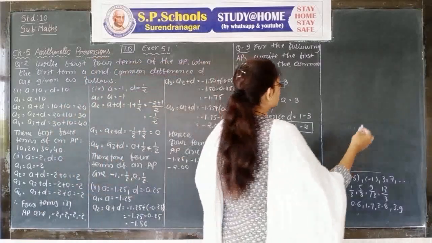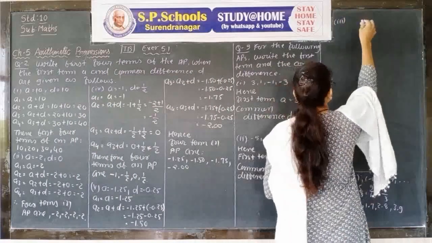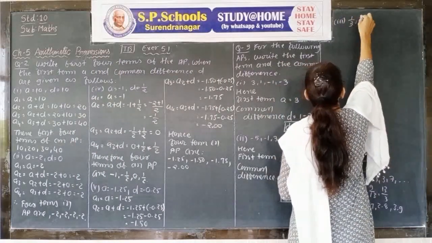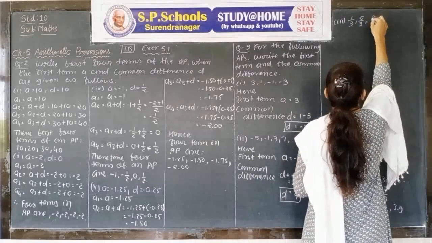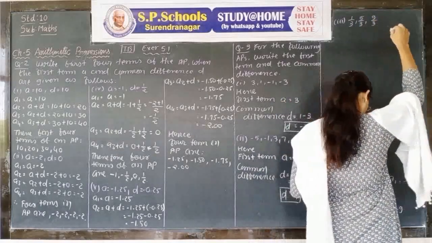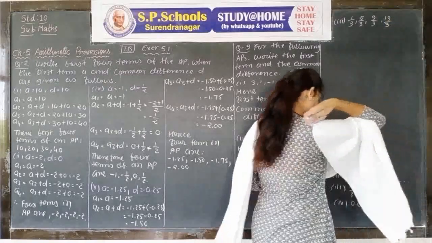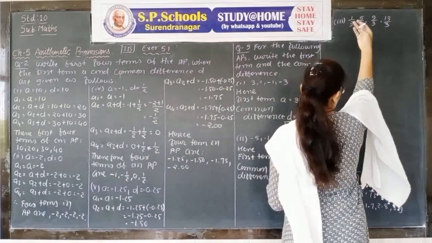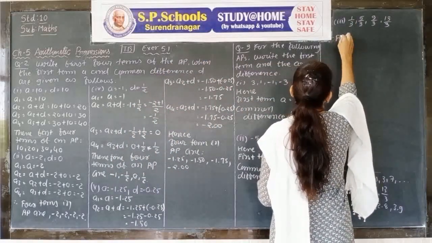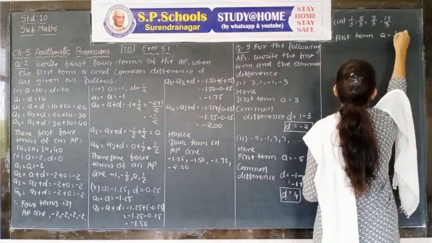Now we see the third one. In the third, the AP given is 1 upon 3, 5 upon 3, 9 upon 3 and 13 upon 3. To find the first term, take the first term as it is. First term A is equal to 1 upon 3.